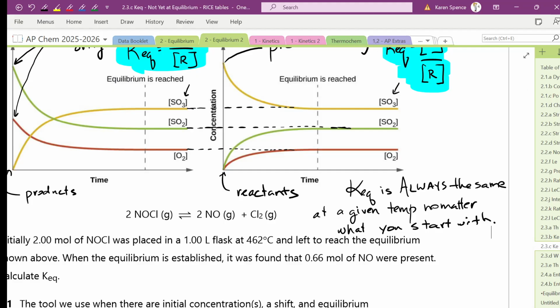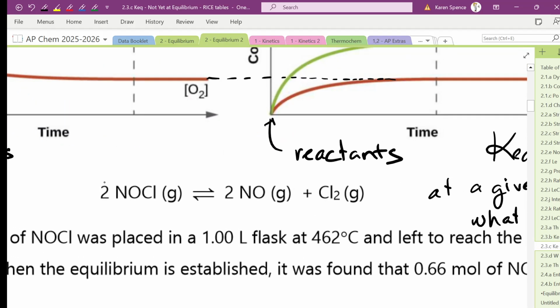Okay, so we have an example coming up here where we've got 2 NOCl in equilibrium with 2 NO and 1 Cl2. Those are all gases.